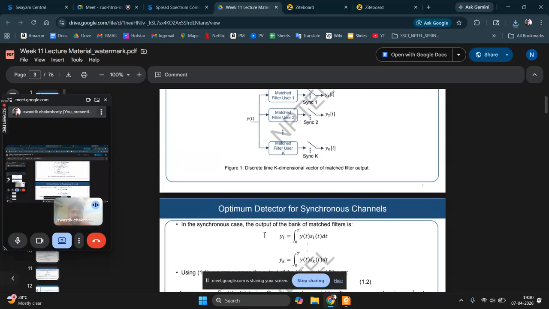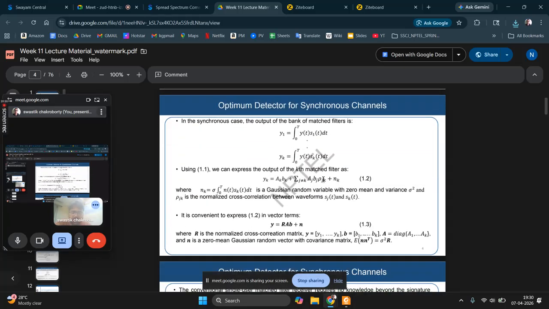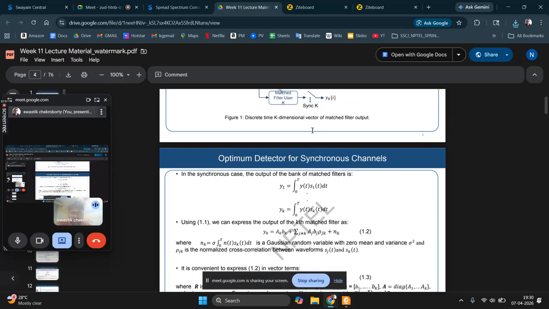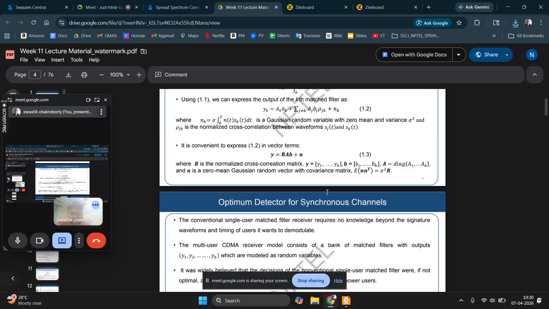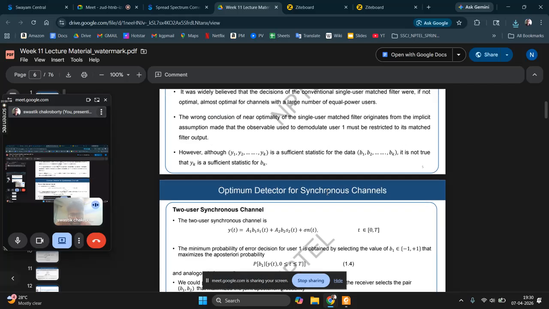So that means whatever you have used here, the assumption is that it has to be perfectly reproduced, because you don't have the exact waveform at the transmitter, you have to generate it locally. If you can perfectly reproduce the transmitter signature waveform at the receiver, then you will of course have near optimal performance for the matched filter.